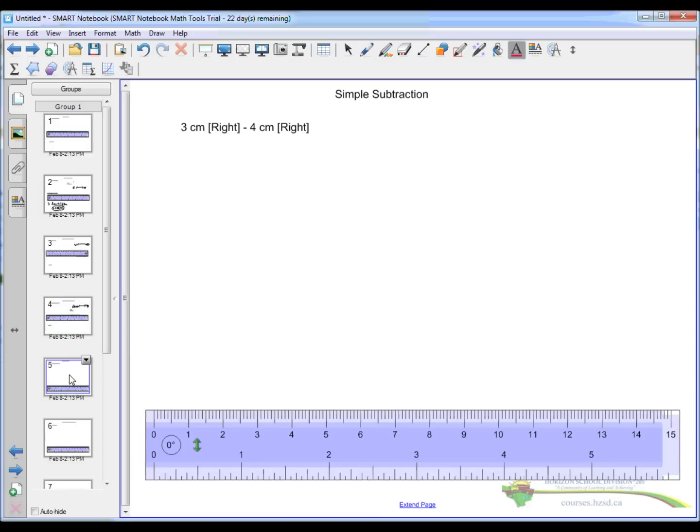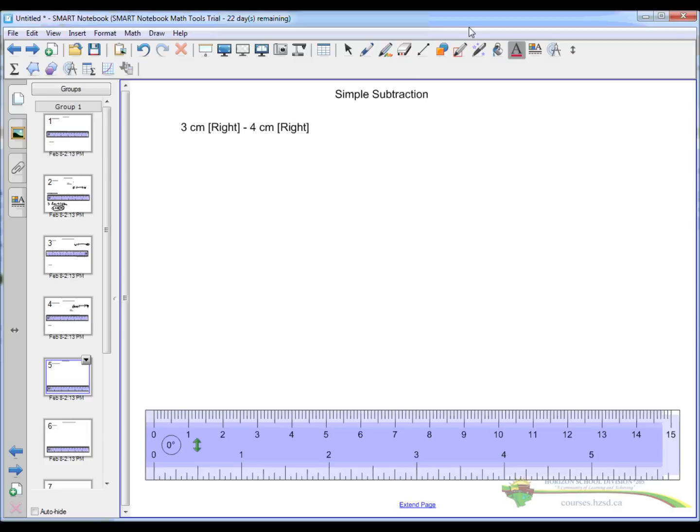I got 2 more examples for you here. One is a simple subtraction. So 3 centimeters right minus 4 centimeters right. Anytime that you are subtracting graphically, it's the same thing as adding the negative.